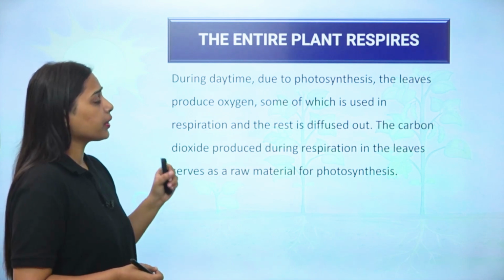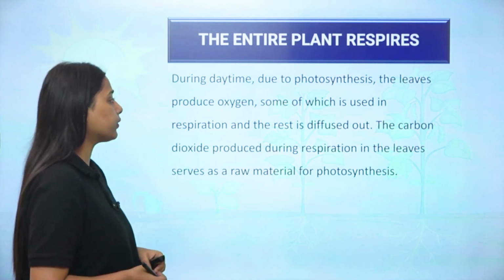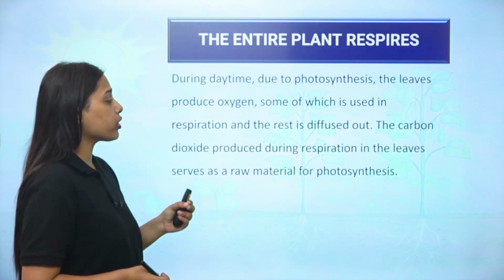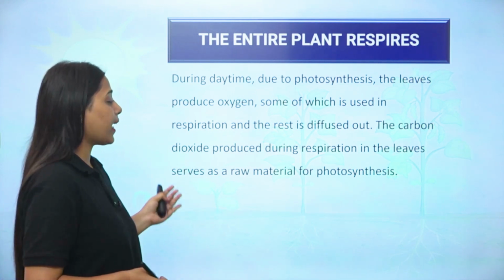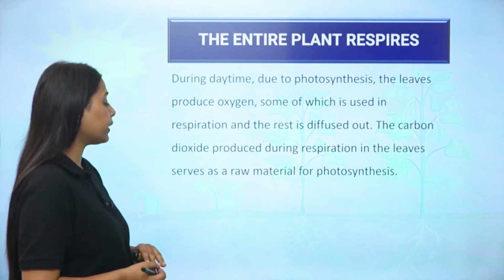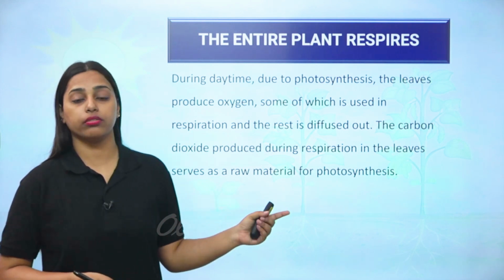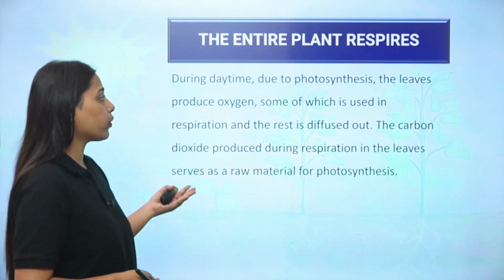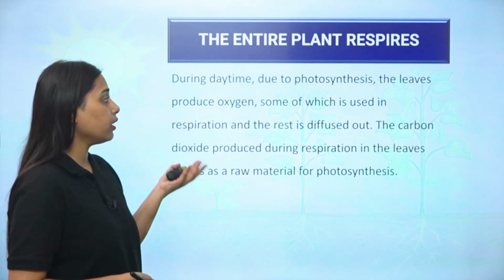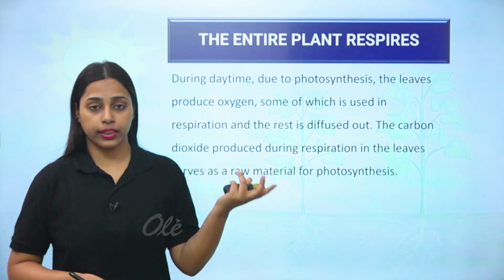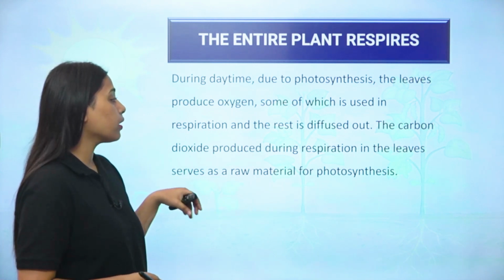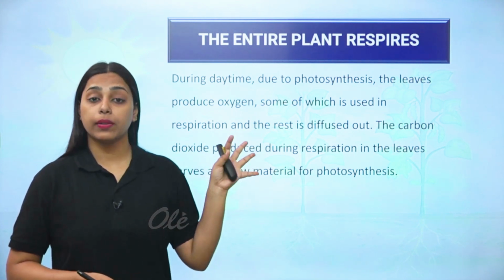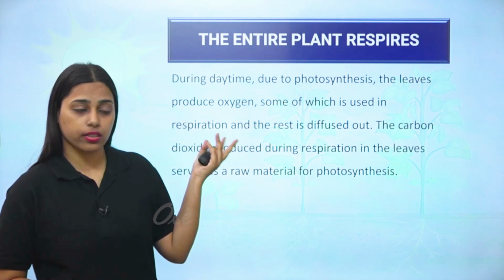During daytime, due to photosynthesis, the leaves produce oxygen, some of which is used in respiration and the rest is diffused out. The carbon dioxide produced during respiration in the leaves serves as the raw material for photosynthesis. You have also learned in the photosynthesis process that there is a production of oxygen gas, and that oxygen is used in the generation of carbon dioxide during the respiration process, right?